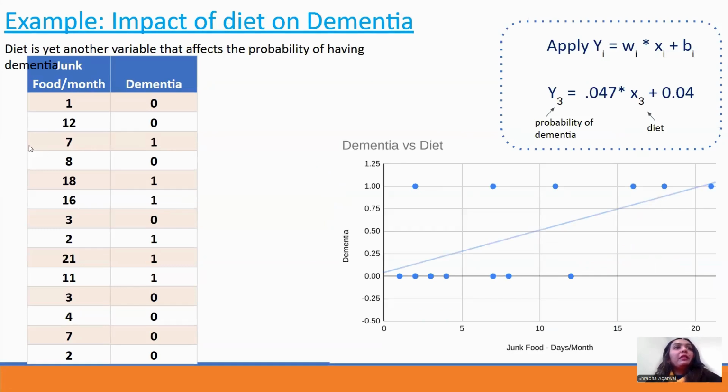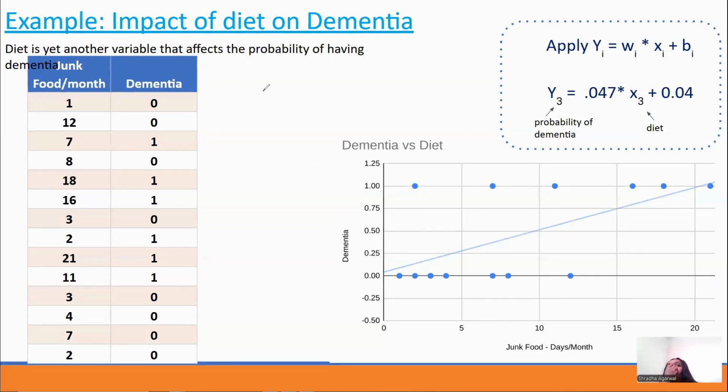The third independent parameter we had was junk food. I did the same thing. So how many independent parameters will you have? If you have a slope, y to x, x is your independent parameter.